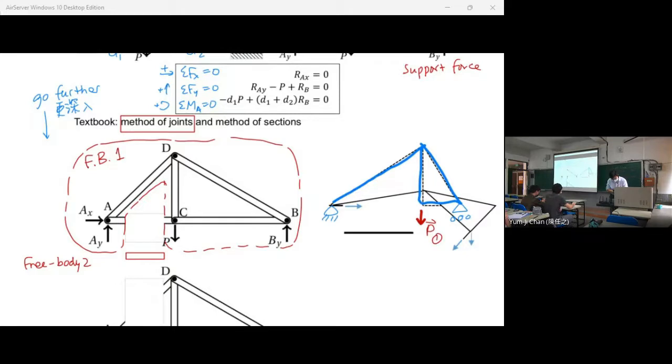In the first step it goes down like that, and to go back to the original shape, we add forces here. So we pull it, and then it goes back to the original shape.